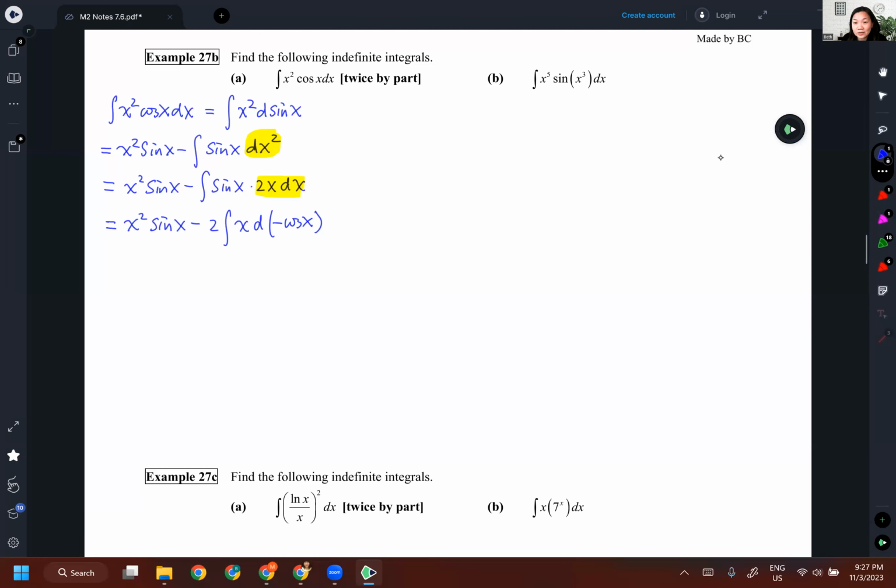Now this time, before I use the formula, I will adjust the sign first, because later on there will be too many. Adjust the sign first, and then use the formula.